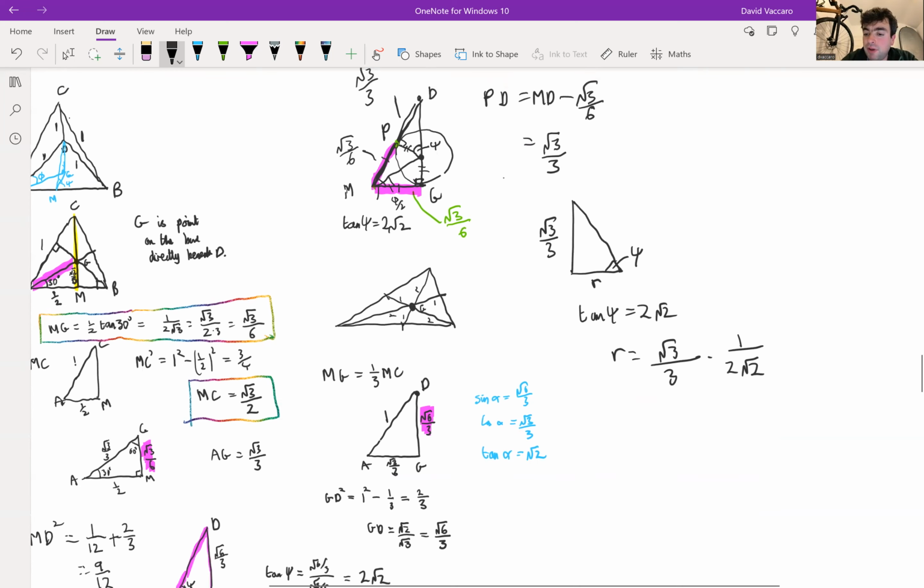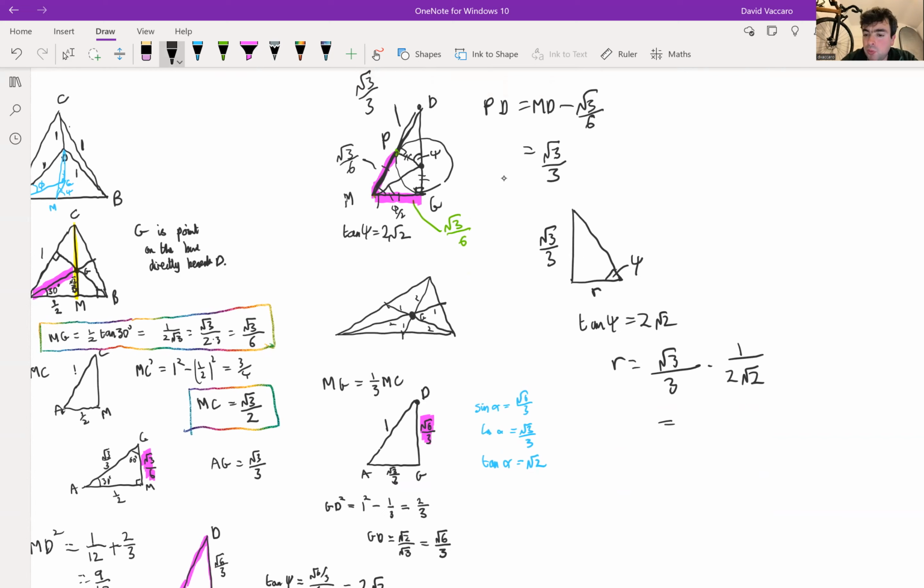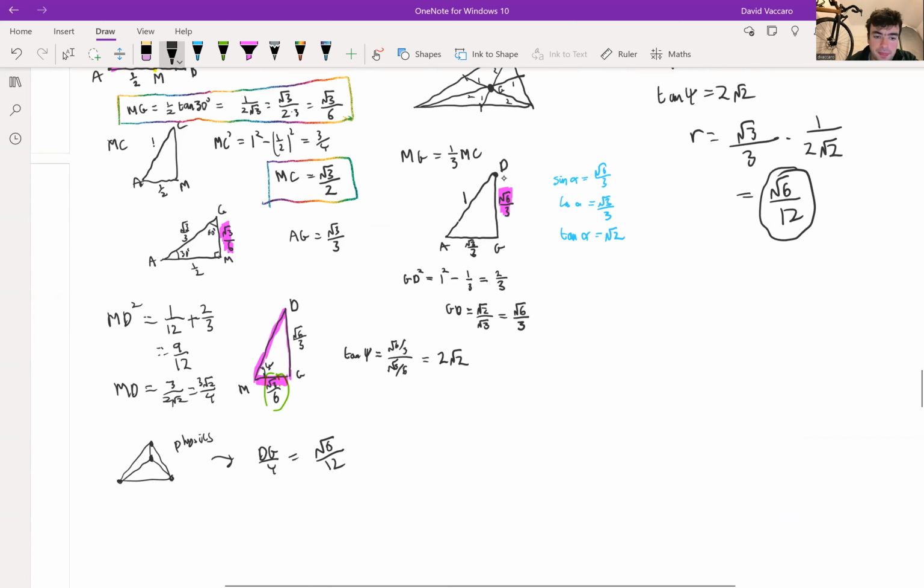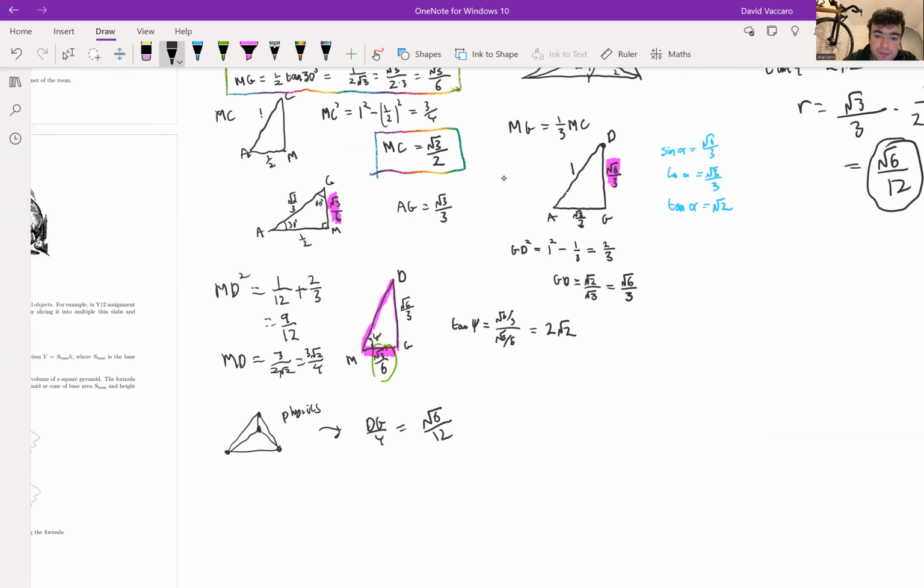And then if I simplify that, I multiply top and bottom by root 2. So I get root 6 over 12. Okay. But the physics gave me a much nicer way in for that distance being root 6 over 12.